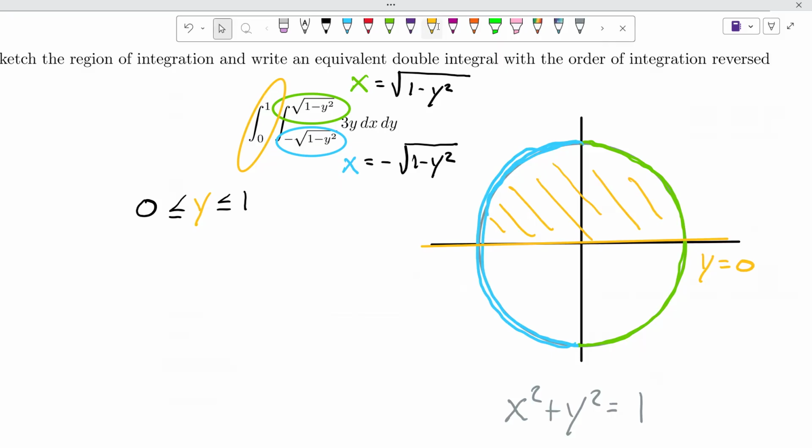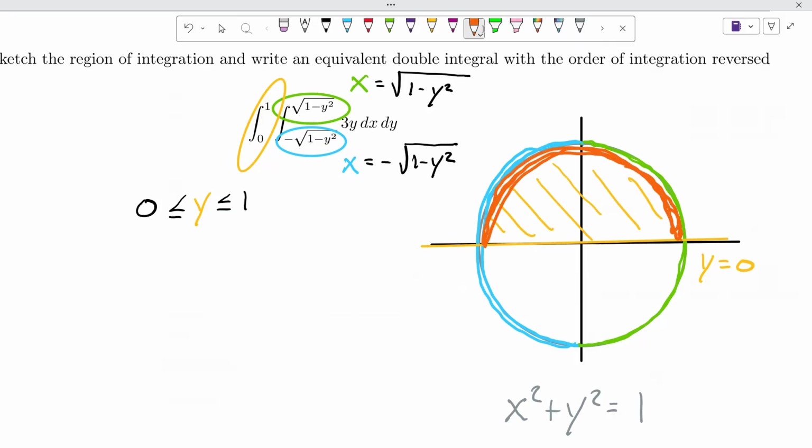So that's my region, which, if I want to reverse my order of integration, I want to swap from having a right and a left limit to having a top and a bottom limit, or an upper bound and a lower bound, which means I'm going to need to come up with the equation of the top half of this circle, which I'll highlight there in orange.